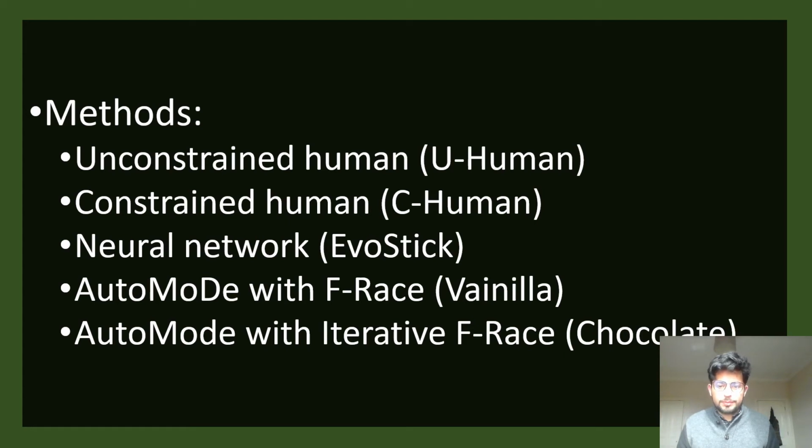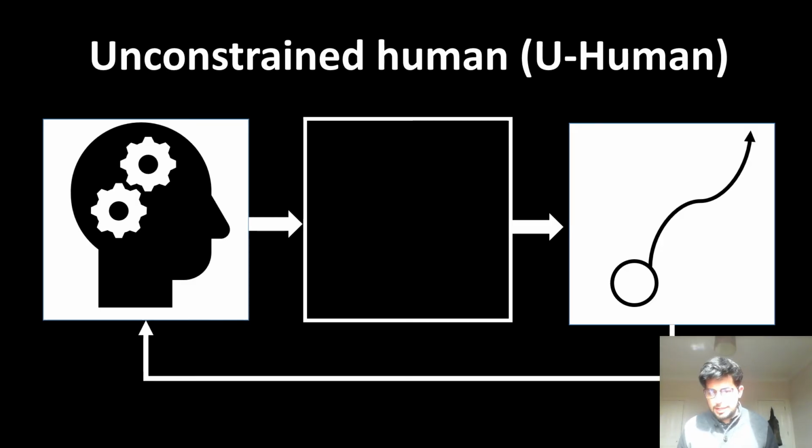EvoStick means that you evolve a neural network controller, not a finite state machine. Automode with F-races, you use a finite state machine. And Automode with iterated F-race is an enhancement of it. So yeah, I'm explaining everything here again, but this time with diagrams to make it clearer. In the unconstrained human, it's a black box. It's up to the human how to make the controller. If the human wants to draw a diagram, a finite state machine, that's fine. If the human wants to go directly to coding, that's fine.